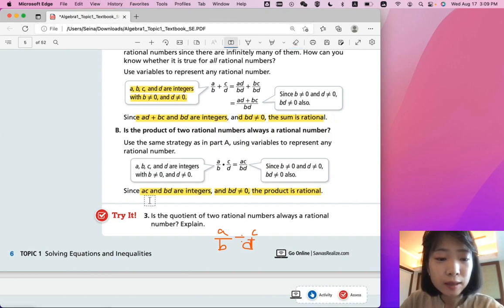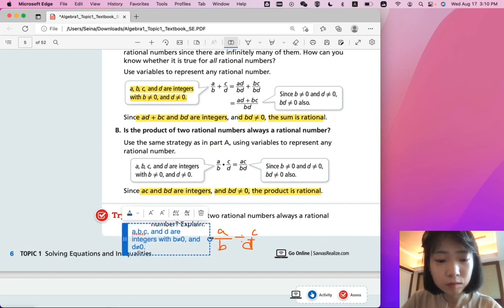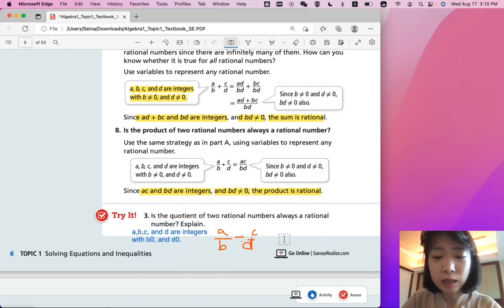And we can say that A, B, C, and D are integers, with B not equal to 0 and D not equal to 0.